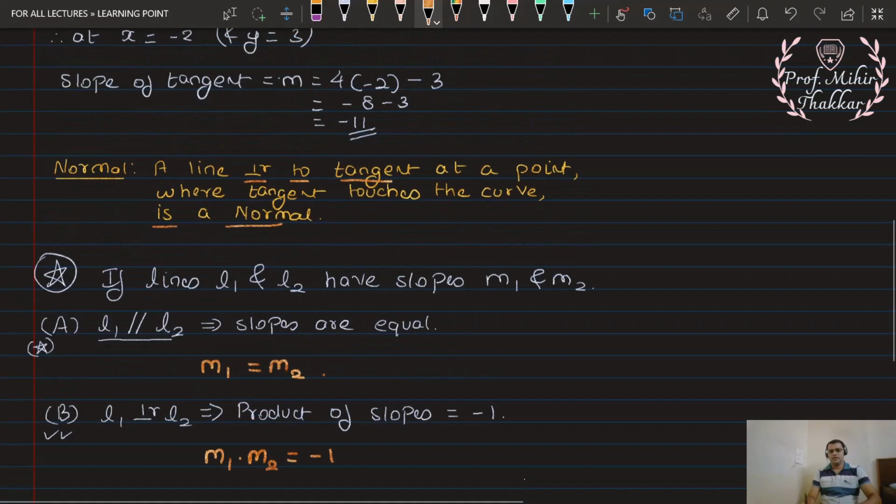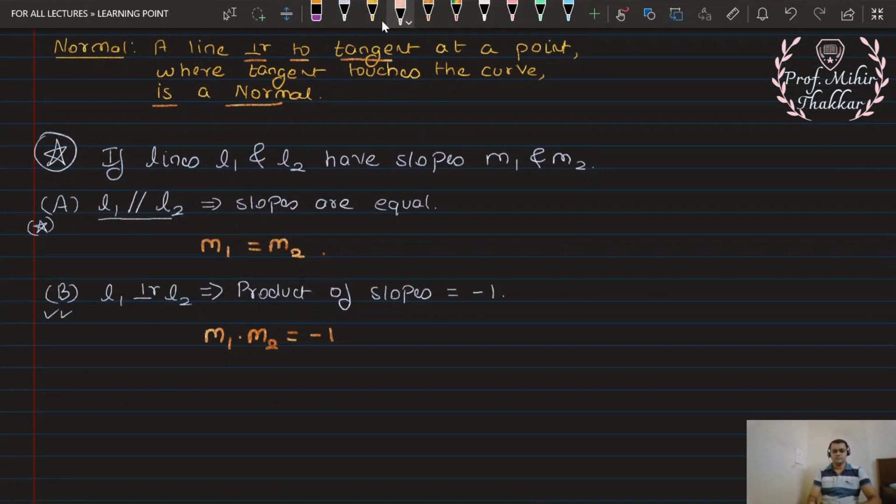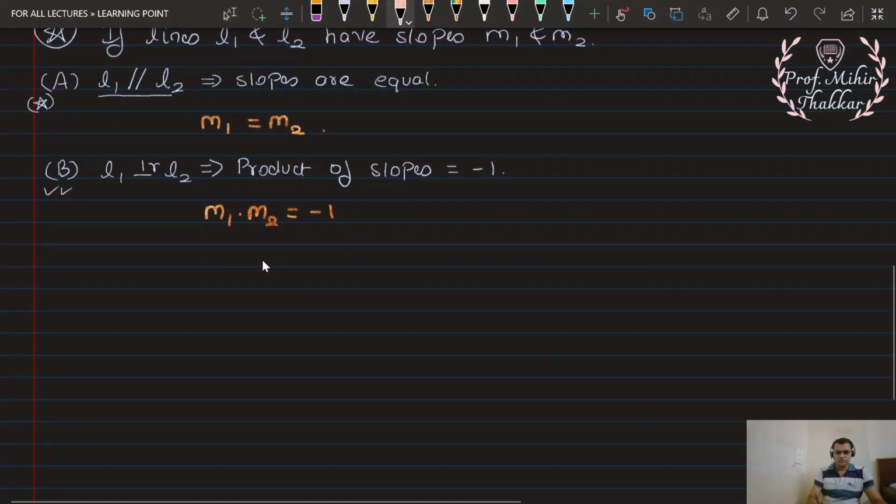Now in our above example, we knew that slope of the tangent is equal to -11.